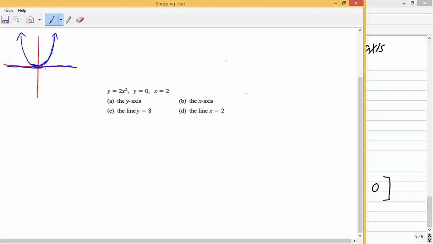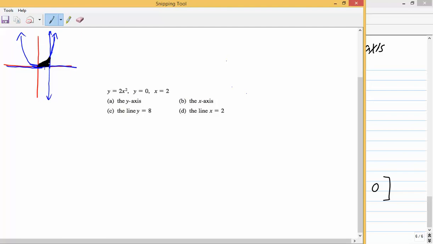X equals 2, I'm going to pretend is about right here. So you see this region in here? I'll shade it. So let's pretend, I'm just making it a little bit larger than it is. Let's pretend that's the region there.